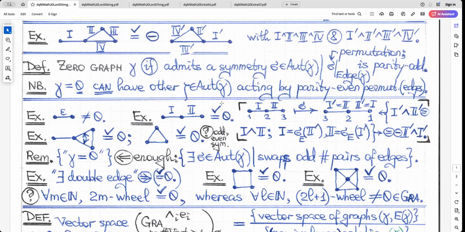Vertex 1 is incident to vertex 2, vertex 2 is incident to vertex 3. Vertex 1 is not incident to vertex 3. And the ordering of edges is lexicographic. Edge 1,2 is first, and edge 2,3 is second. And then we have two realizations of our incidence between vertices.